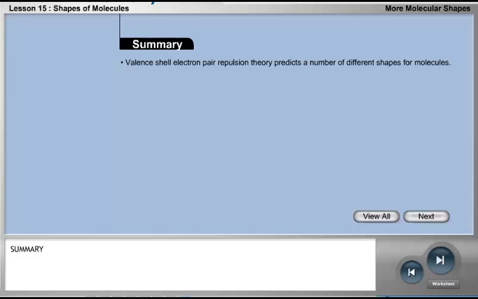Summary. Valence shell electron pair repulsion theory predicts a number of different shapes for molecules. In each shape, the bonding pair electrons occupy a position as far away from each other as possible.